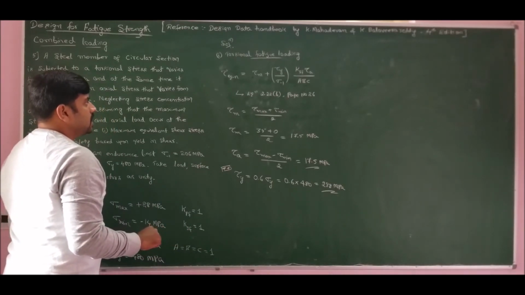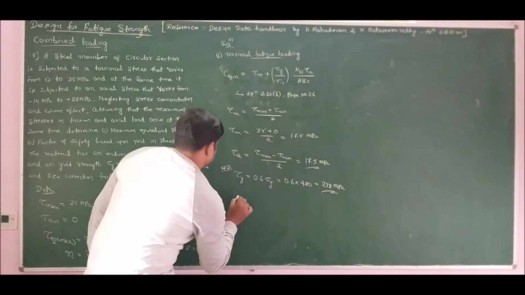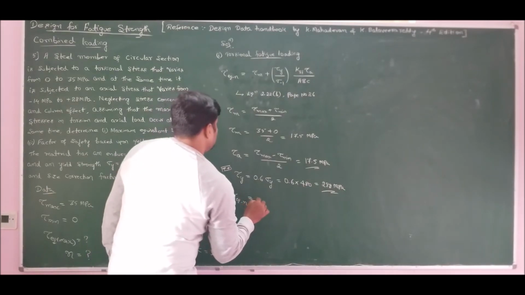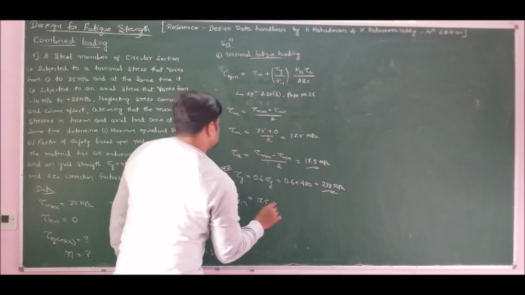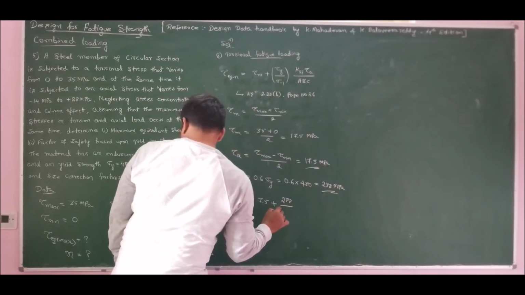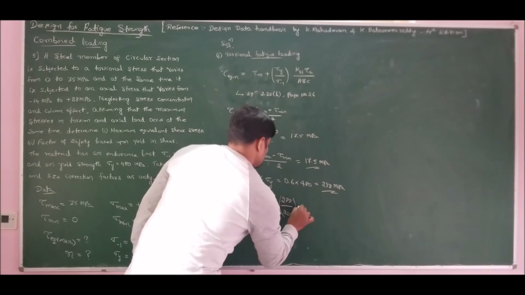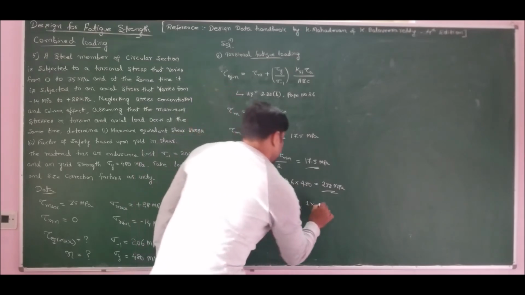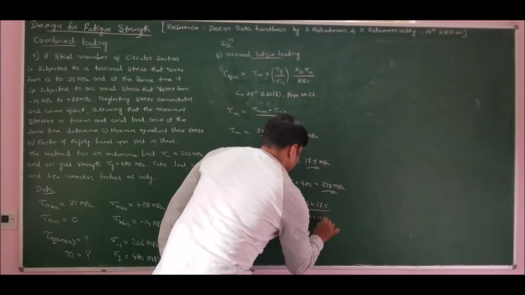Coming to endurance, we know it is 206. The ABC factor is also known, KSF is also known. So if I substitute and solve, I get the value of tau equivalent n as tau mean 17.5 plus tau yield 288 divided by sigma endurance 206, into stress concentration factor 1 into tau amplitude 17.5 divided by 1 into 1 into 1.